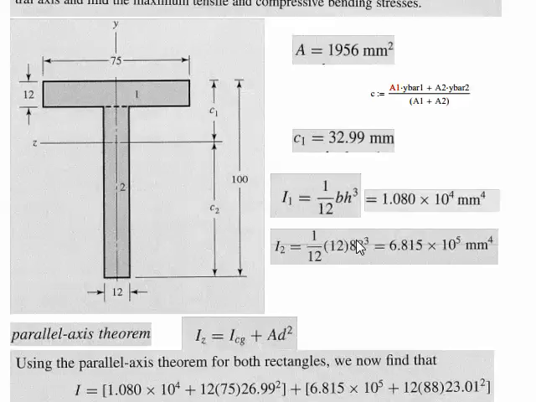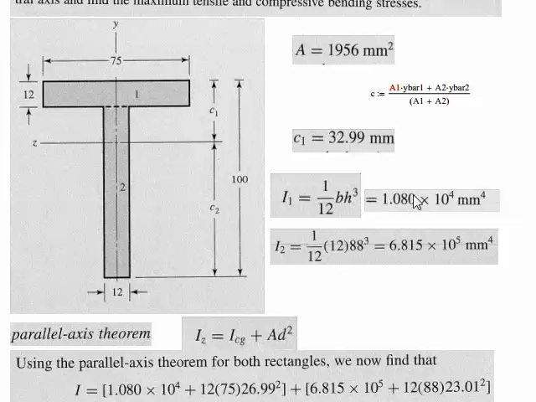Now to get the moment of inertia of the structure, we use the moment of inertia of each shape about its own centroid, and then use the parallel axis theorem to move them to the centroid of the overall cross section. For region 1, b h cubed over 12, where b is 75 and h is 12.